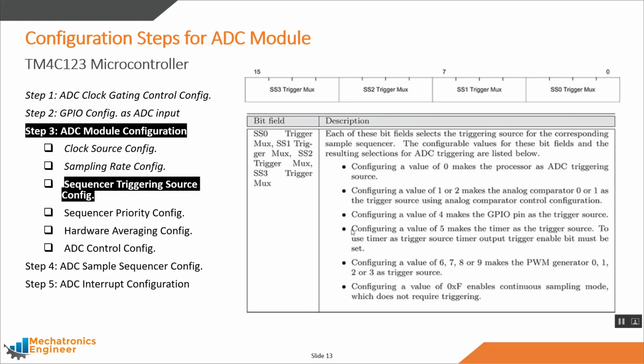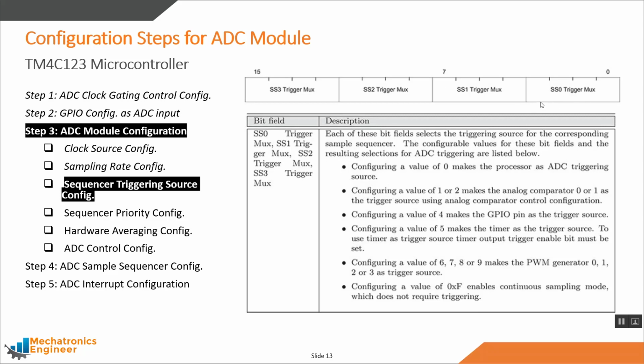So this slide shows how we can configure the ADC trigger mux register. As you can see, this register has been divided into bit fields of 4 bits, and these are the different values that we can write in order to select the different triggering sources.